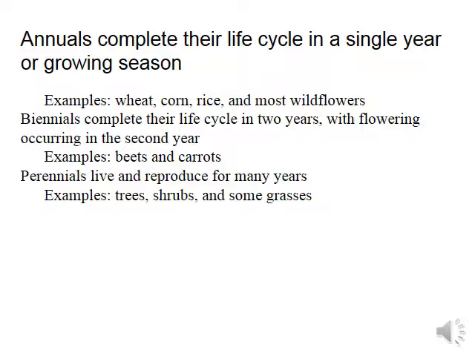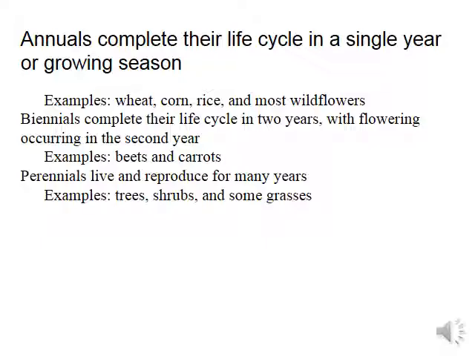All right, annuals complete their life cycle in a single year. That's the definition of an annual. There are examples of that: wheat, corn, rice, wildflowers. Biannuals complete their life cycle in 2 years. They flower in the second year. Examples are beets and carrots, although when those are used in agriculture and they're harvested, they're treated more like an annual.